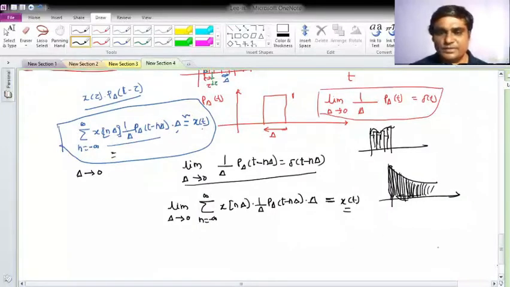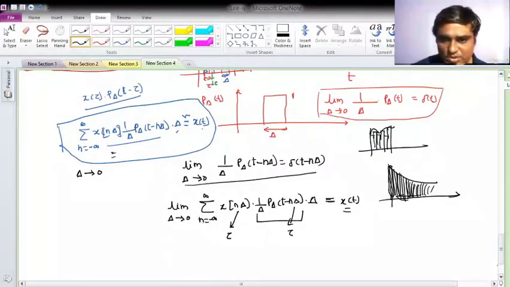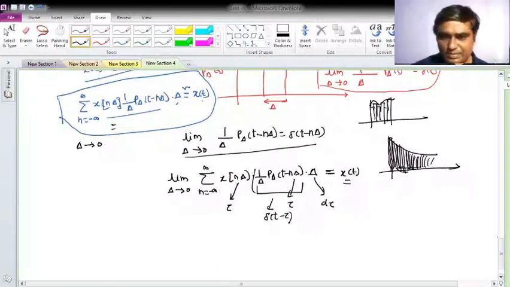Okay, so that is what we are going to do here. So this will be n delta, let me represent with tau in continuous form as I want to write it. So this will also be tau. What is this? 1 over delta, p delta t minus tau, a delta function. This delta will be a small step d tau, right?